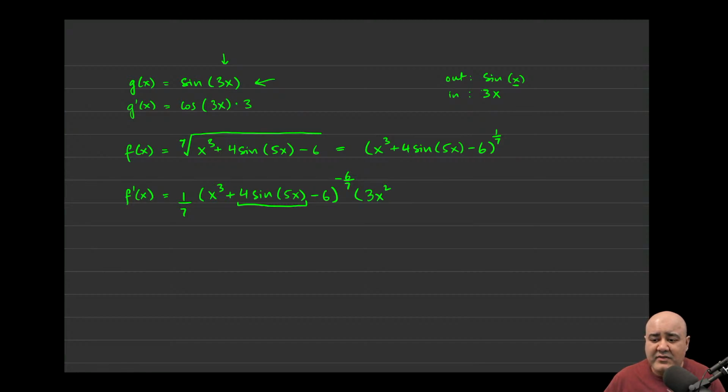So it's almost beneficial to forget everything else you have on your paper and just find the derivative of that and write it down. So the derivative of this function by itself using chain rule would be, the 4 would come along for the ride. It's a constant multiple. The derivative of the outside would be cosine, keeping the inside the same, 5x, times the derivative of the inside, which is 5.